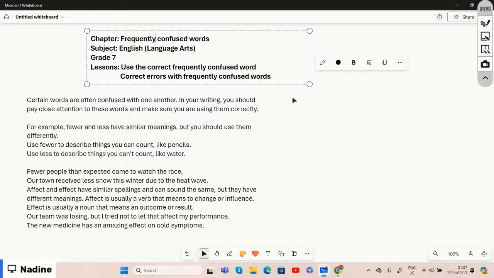A lot of people make the mistake of confusing a word with another word, and that is why we call them frequently confused words. It's like on more than one occasion where people confuse words.